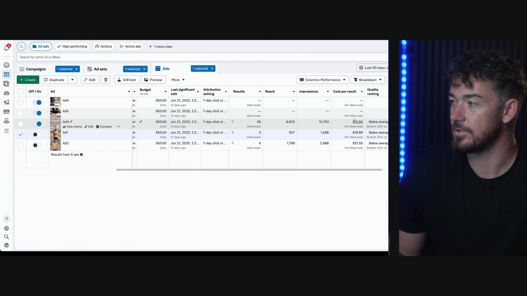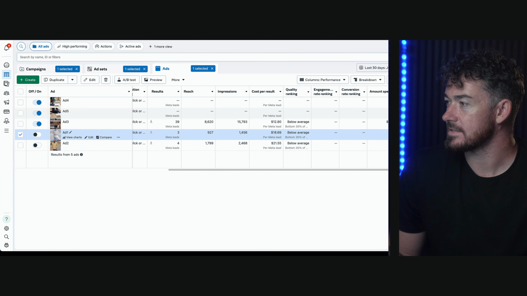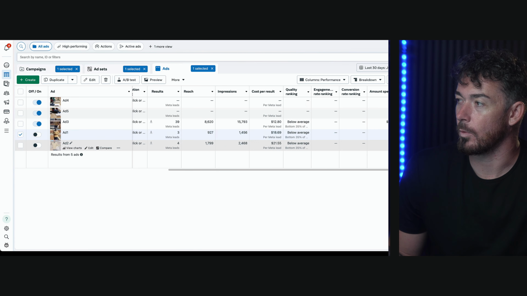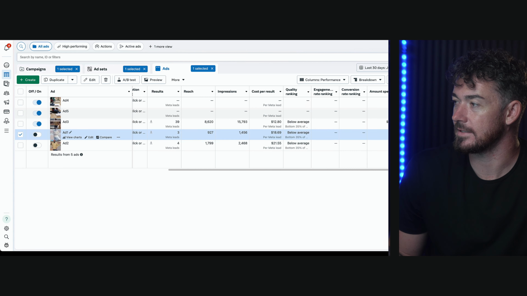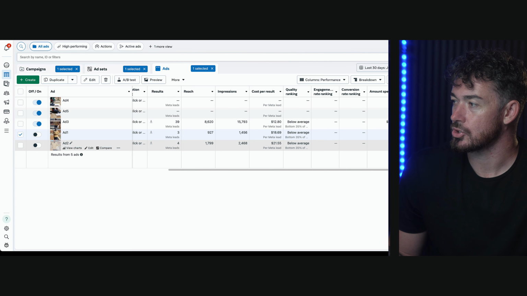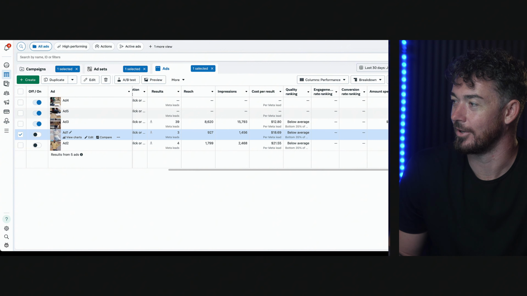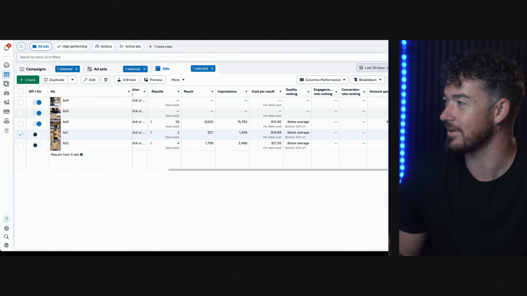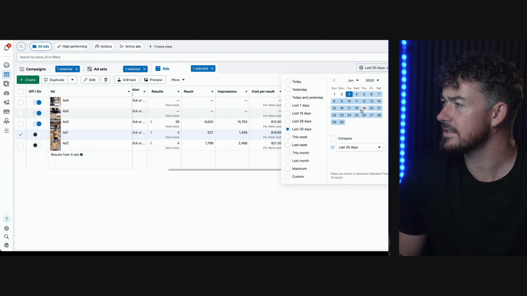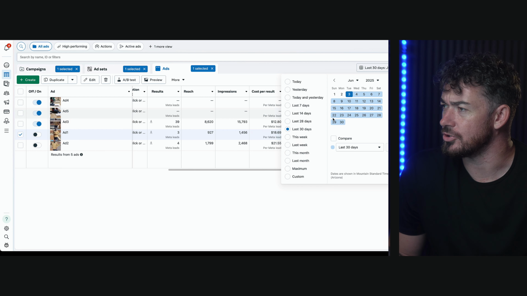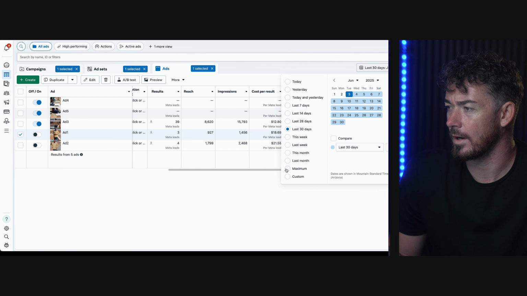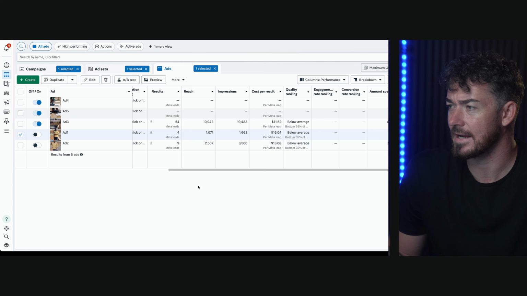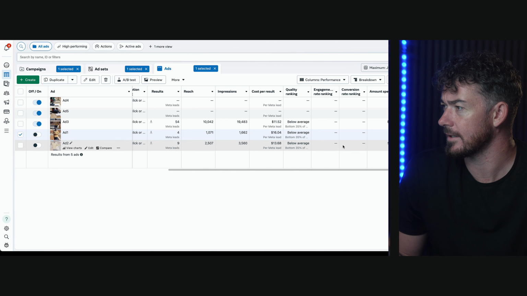We turned off 1 and 2 because they wasted quite a bit over the last 30 days. Quick math, about 130 bucks. But we didn't start running these until the middle of June probably, so if we look at the maximum range, we can see a little bit more here.